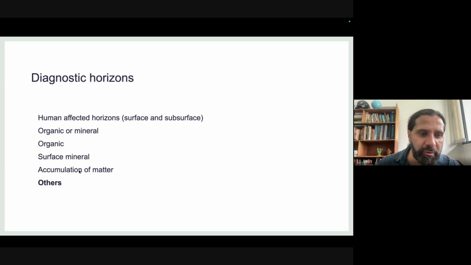Okay, great. So we saw these horizons that could express accumulation of matter because of transport or movement of particles. For example, we have the Argic horizon that could express migration of clays from the E or A horizons to the B horizon, okay?